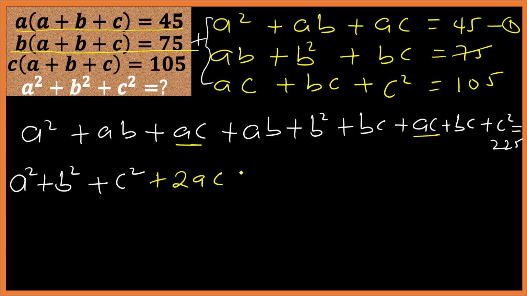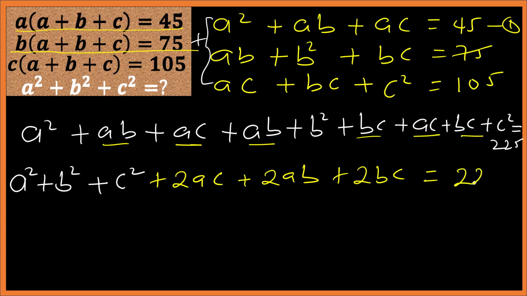Then we have ab, 2ab. Then we have bc, 2bc, equals 225.